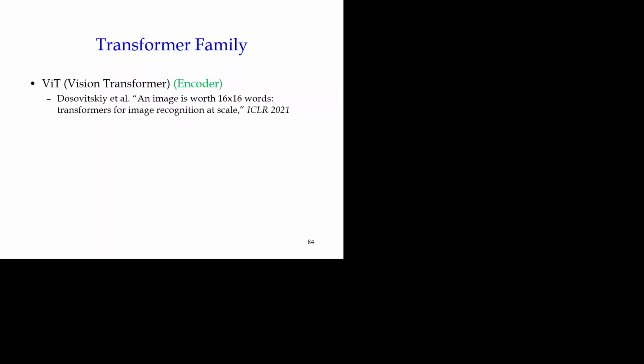You can use this encoder to generate a good representation for the following task. The original paper, An Image is Worth 16x16 Words, was published in ICLR, one of the top conferences.